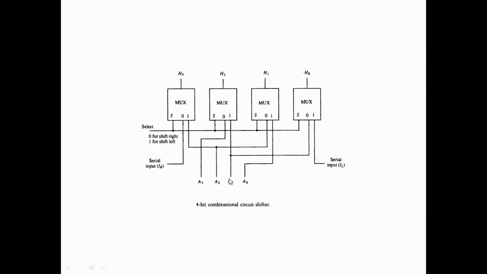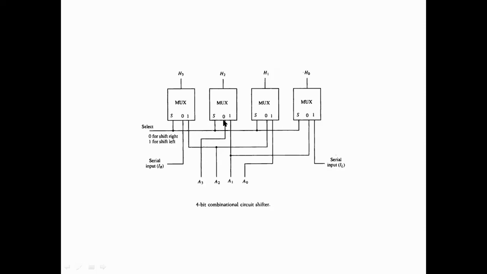Now what will we do? Instead of taking them directly, A3 here, A2 here, A1 here and A0 here, we will do the shifting way. We know that if the select input is 0, we want a right shift. So all the bits should be shifted toward the right.